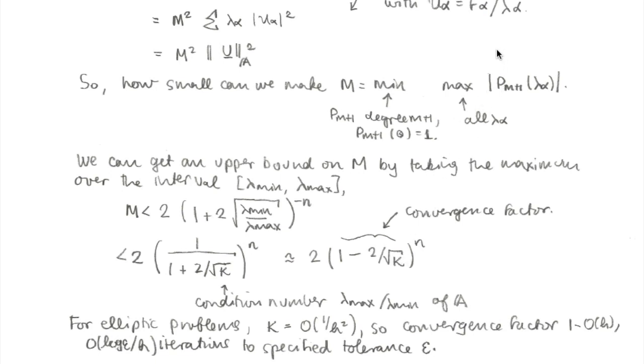This is essentially the optimal result when the eigenvalues are kind of uniformly spread in the interval lambda min to lambda max. Then this is the result that really applies. And in other cases, this will be an underestimate of how well the conjugate gradient method will do. Okay, I will stop there.